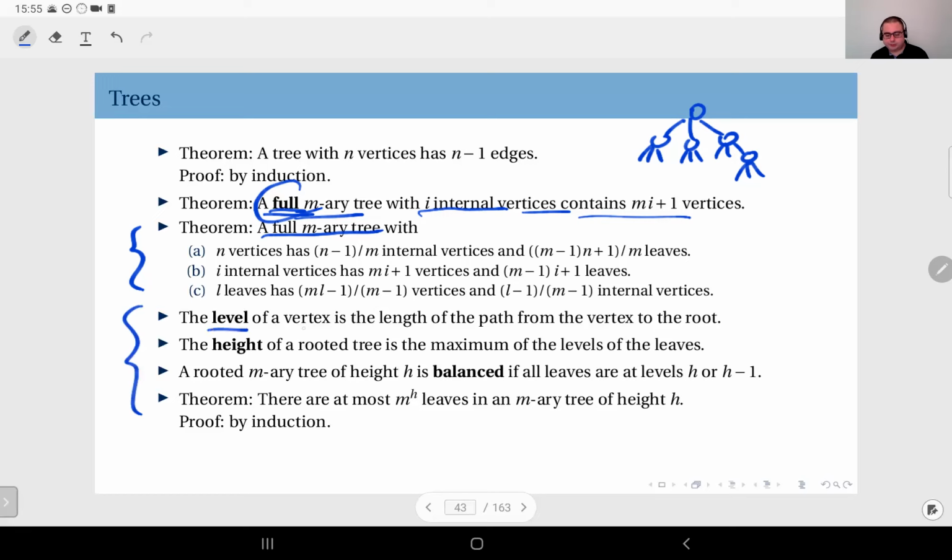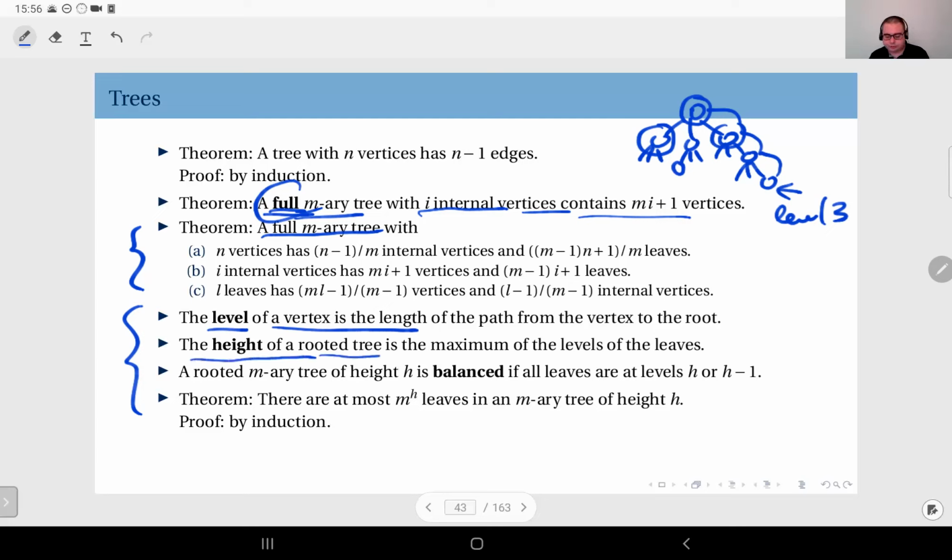The level of a vertex is the length of the path from the vertex to the root. So for instance, if you have this vertex here, a path of 1 here, a path of 2 here, a path of 3 here, if this is the root, the level of this vertex is 3. The level of this one is 1, the level of this one is 1, the level of this is 2.